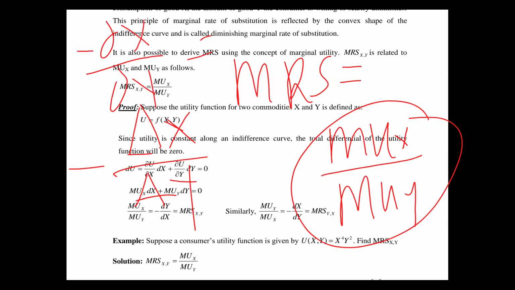This is basically the marginal rate of substitution of Y and X, all right? But if you say dy over dx, this is again the marginal rate of substitution of X comma Y. Dy over dx, meaning the change of Y as a result of a change in X divided by the change in X. So all this understanding is very important.